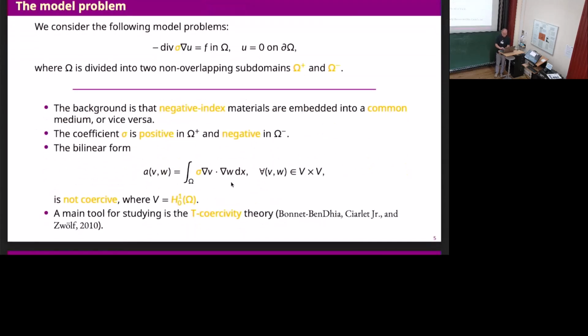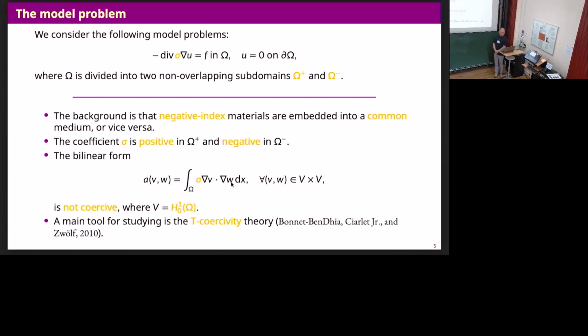So next, let me talk about the model problem that we consider in this talk. So this is the typical PDE that we consider, and U is the solution. And for simplicity, we assume that it is zero on the boundary of the domain, and sigma is the material coefficient. And then we assume that the domain omega is divided into two non-overlapping subdomains.